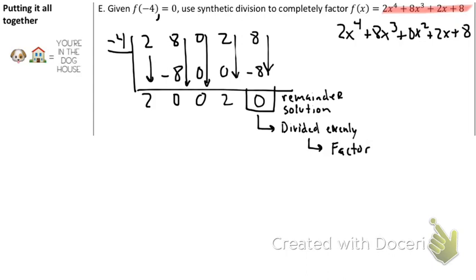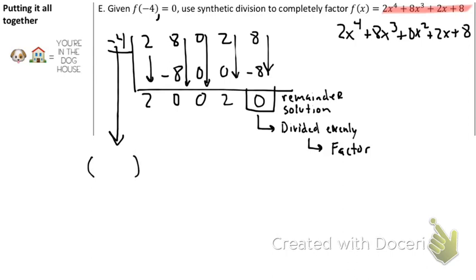So in essence, we have just found a factor, because -4 divided this evenly. And that's what this problem is asking us to do, factor completely. So I'm turning whatever I plugged in into a factor. To turn this into a factor, you simply put it in parentheses.